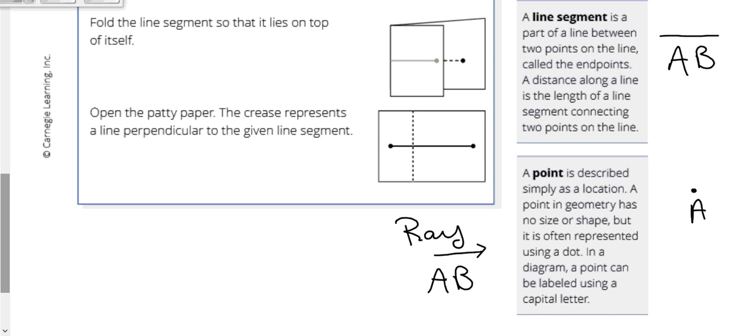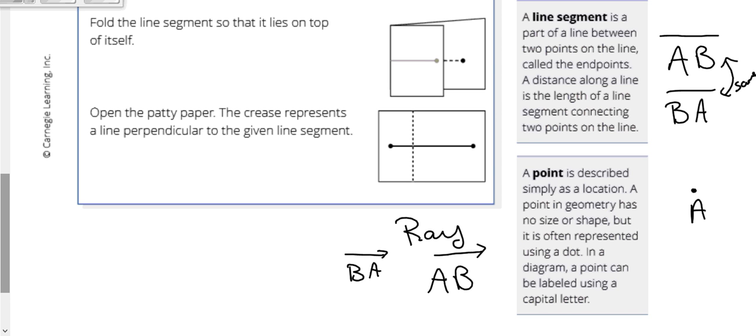Ray AB is different than ray BA, whereas line segment AB and line segment BA are the same. Ray AB and ray BA are two different rays. So it all just depends.